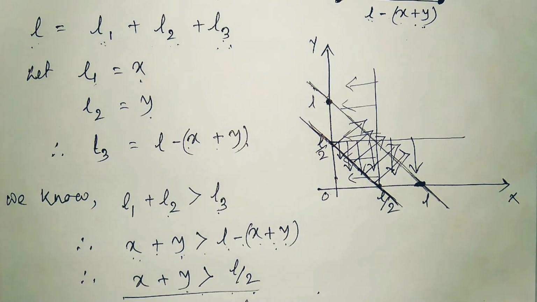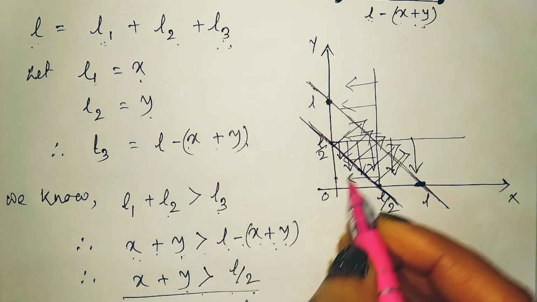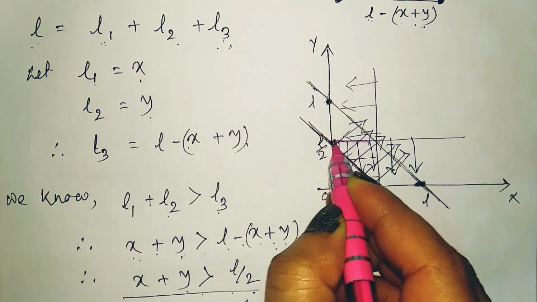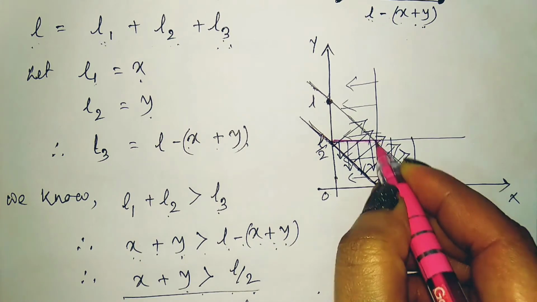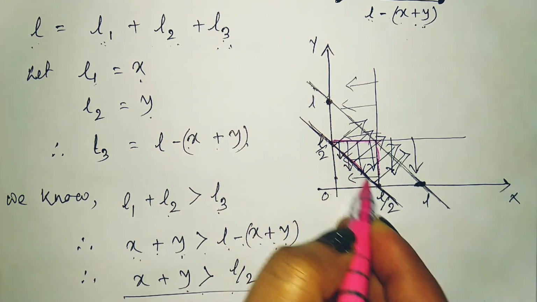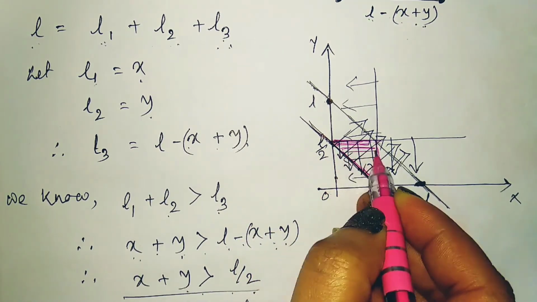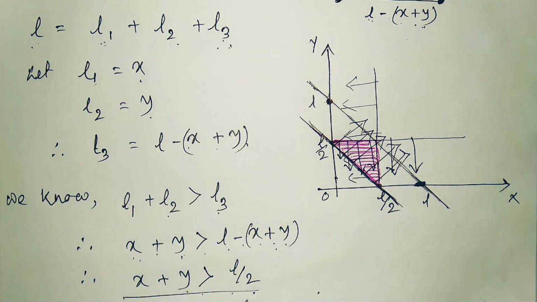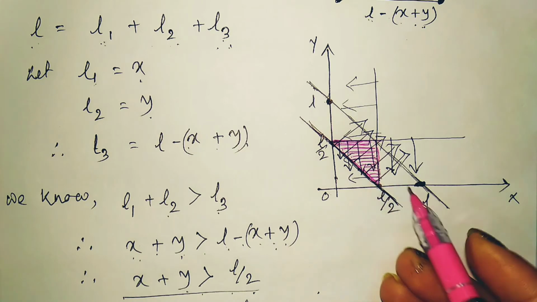So the common portion is what? Here the common portion among all these three inequalities, we will find this part now. So this one is the common portion. This is the common portion which we will find from here. So this one is the favorable case.